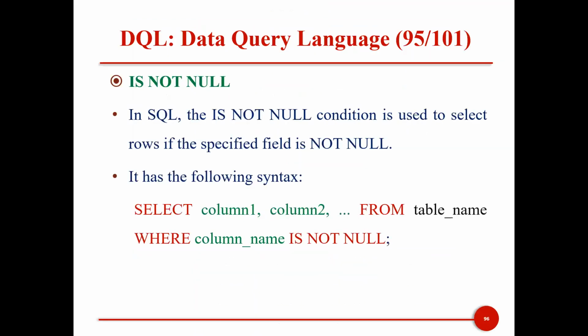Then IS NOT NULL. In SQL, the IS NOT NULL condition is used to select rows if the specified field is not null. It has the following syntax: select columns from table where column name is not null.